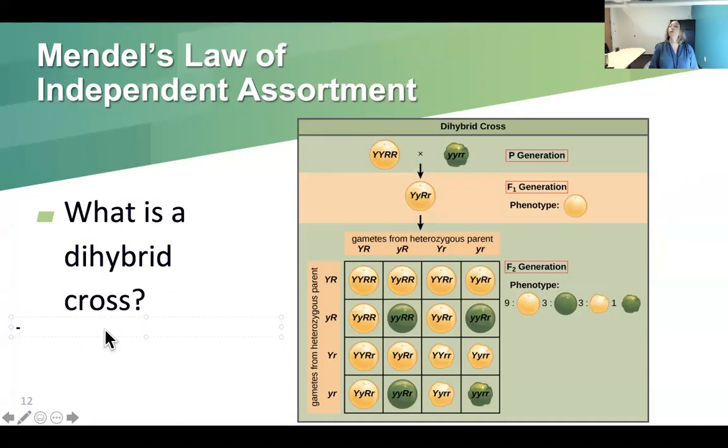A dihybrid cross is a genetic cross that focuses on two genes rather than one. In the cross you're looking at here, the genes would be seed color and seed texture. So I'm going to write that up here.